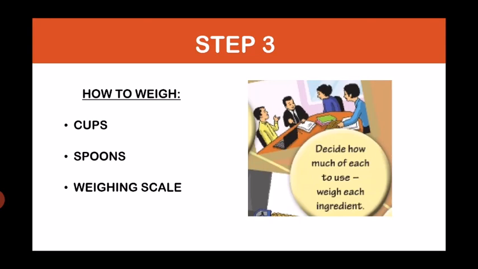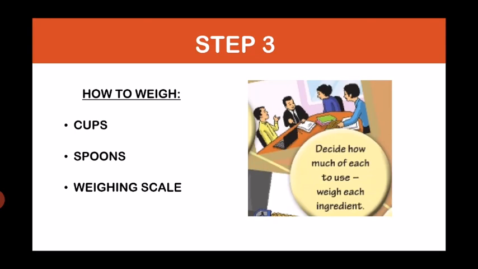Sometimes they use a weighing scale. Do you know what a weighing scale is? When you go to the doctor, the doctor makes you stand on a weighing scale and takes your weight or your wazan. Just like you take your weight, we have a smaller weighing scale for foods. So when you have to weigh foods, you can also use a weighing scale.